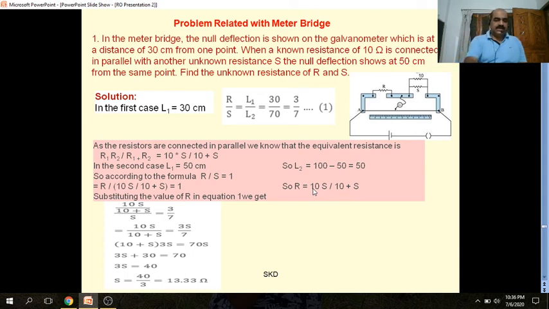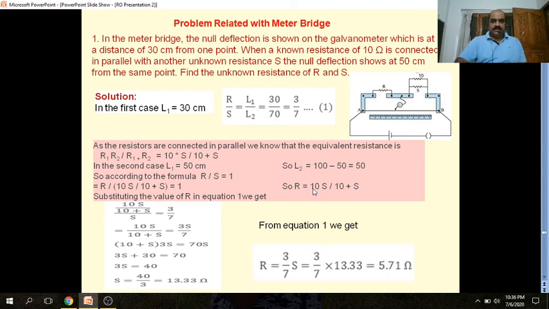The value of S will come to 13.33 ohm. And if this value is substituted in equation 1, we get R equal to 3 by 7 times of S, that is what, 5.71 ohm. So remaining is mathematics.